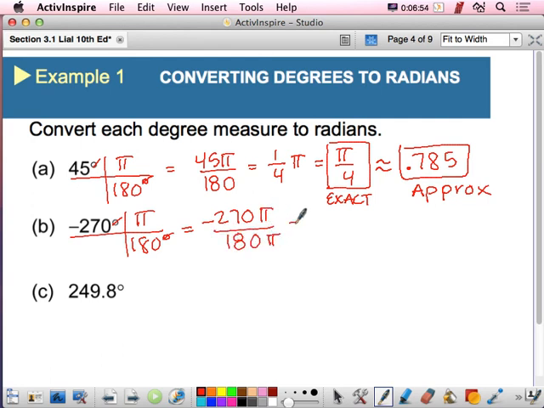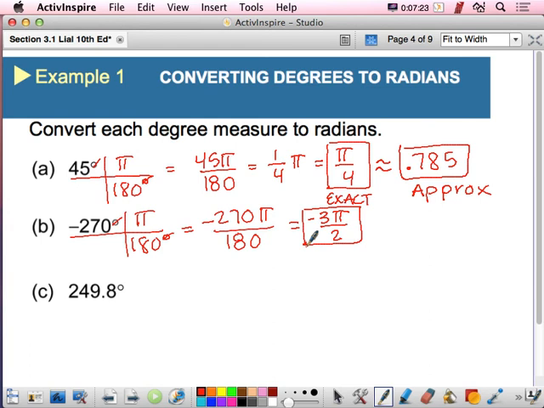Well, if we reduce negative 270 divided by 180, that should reduce down to negative 3 over 2, and we just leave the pi on top. So negative 3 pi over 2. So negative 270 degrees is equivalent to negative 3 pi over 2 radians.